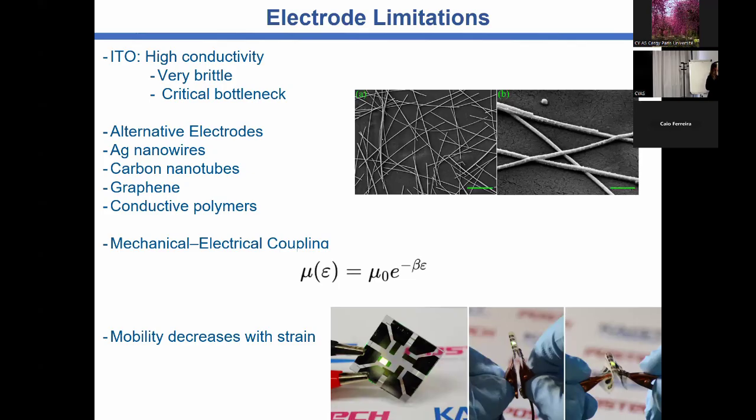So we must seek new materials to replace, for instance, in solar cells, the ITO, both for organics and perovskites, because of this critical flexibility of the ITO.